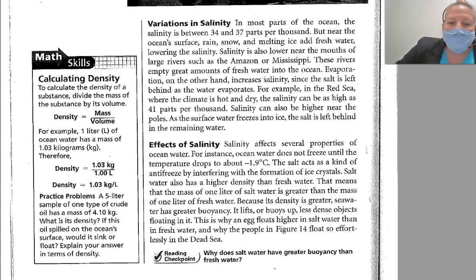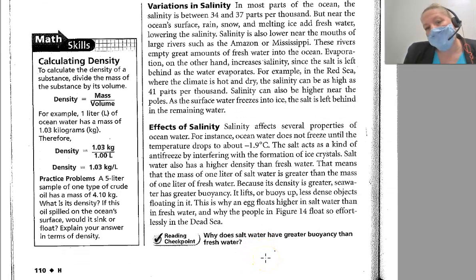Okay, effects of salinity. Salinity affects several properties of ocean water. For instance, ocean water does not freeze until the temperature drops to about negative 1.9 degrees Celsius. The salt acts as a kind of antifreeze by interfering with the formation of ice crystals. Salt water also has a higher density than fresh water.